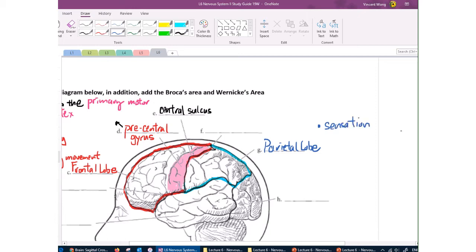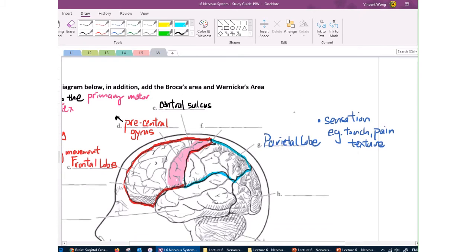So that would be things like touch, pain, texture. Okay, so all that stuff, right? When you touch the hot surface, when you touch a sharp object, that information is going to travel up the ascending tract, ultimately ending up in the parietal lobe here.